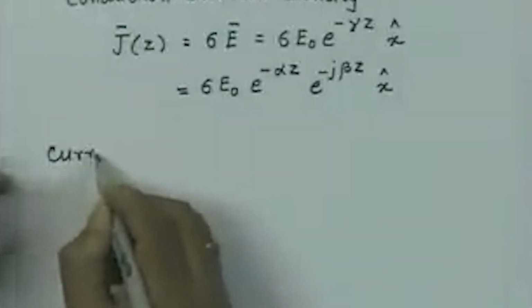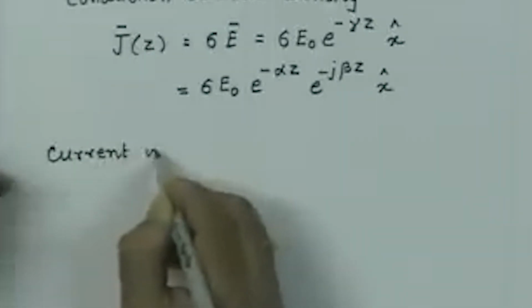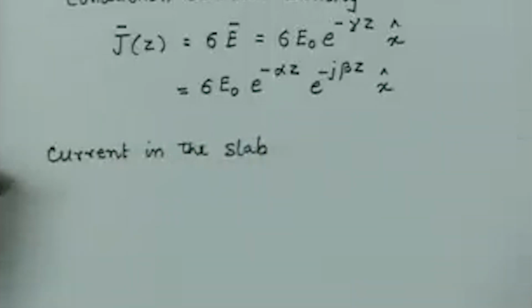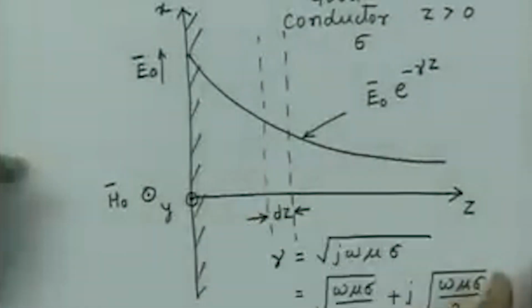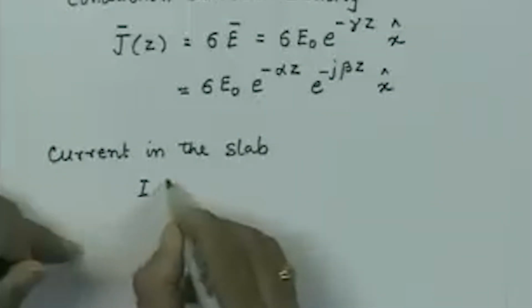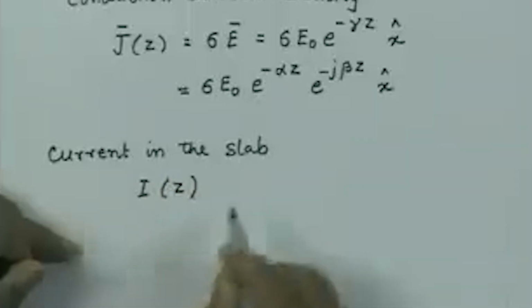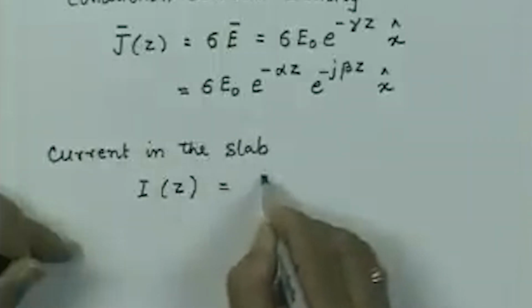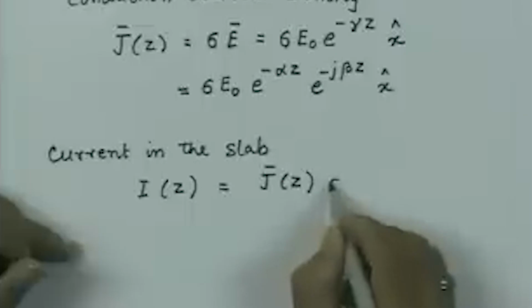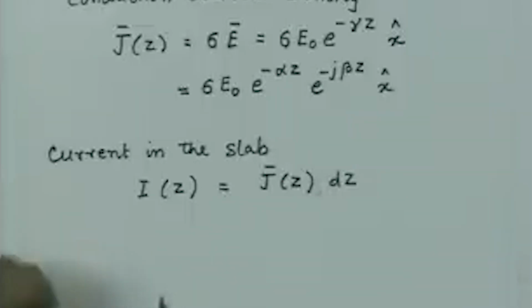So, the current in the slab, this slab, that will be I of Z, that will be conduction current density J of Z multiplied by dz.